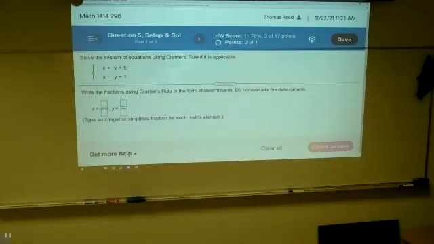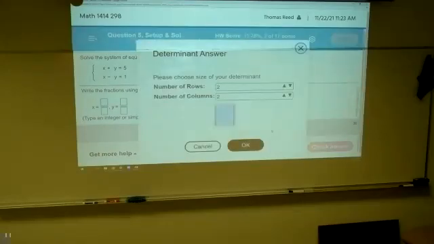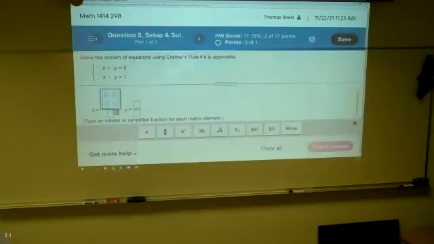So let's see what they want. Notice this right down here. This is what they want you to put in there: a 2 by 2. And if it was a 3 by 3, we'd put in a 3 by 3.